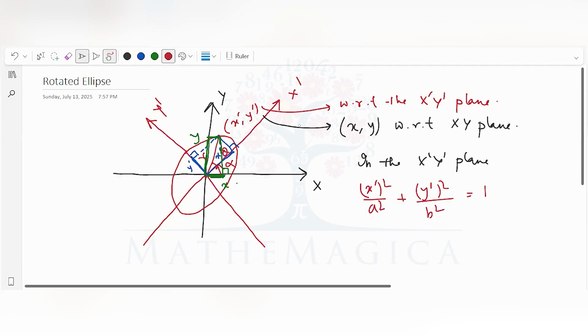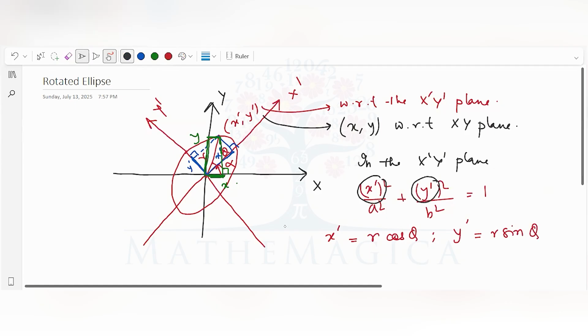Now our duty is to find this x bar in terms of x and y, and this y bar also in terms of x and y. So, from the diagram, we can conclude that x bar equals r cos theta and y bar equals r sin theta.